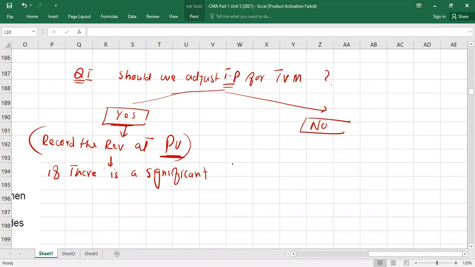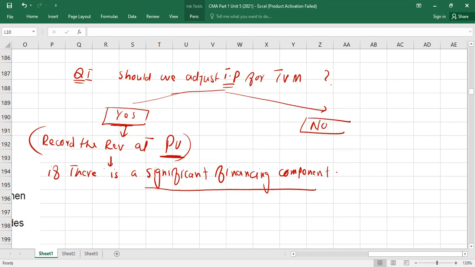This is what you have to remember: if there is a significant financing component. What is the keyword? Yes, we will consider it if there is a significant financing component.